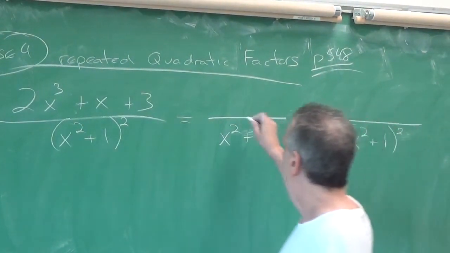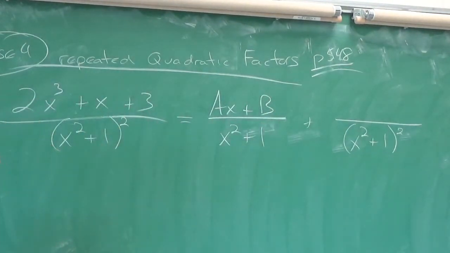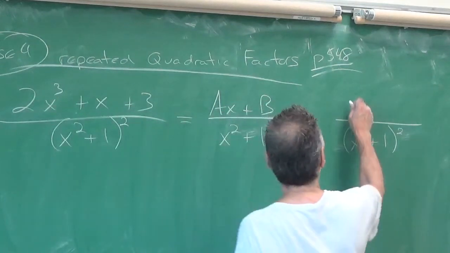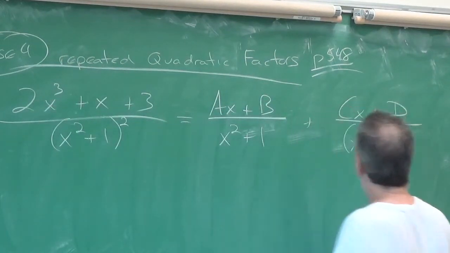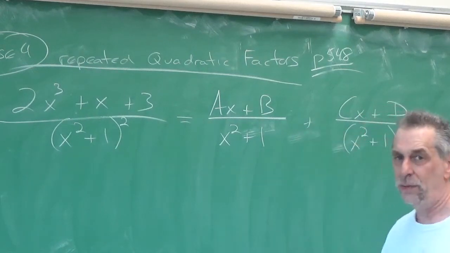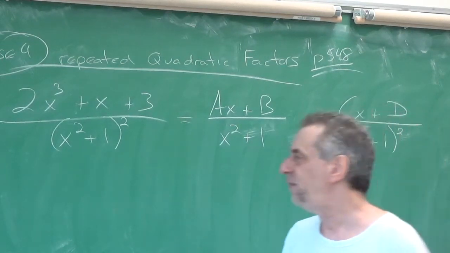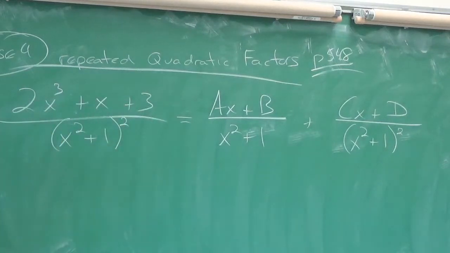And each one of these is going to be a linear factor in the numerator, ax plus b, and then another linear factor here, so we get cx plus d. Okay? Let's see how easy it is, because we're going to have 4 unknowns here, and we haven't really dealt with equations of 4, but generally these are going to be really, really simple equations to deal with, so let's see how difficult it becomes. It's the same process.